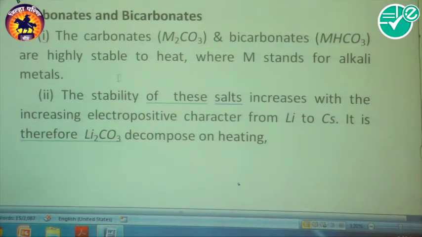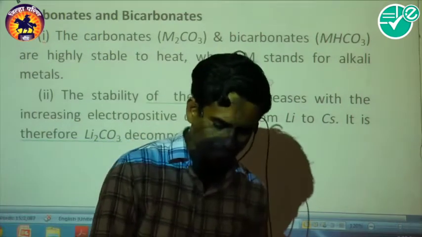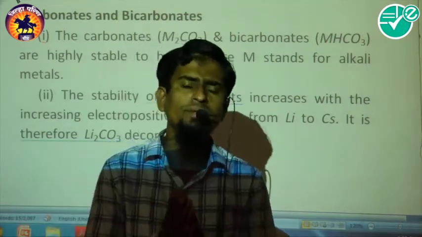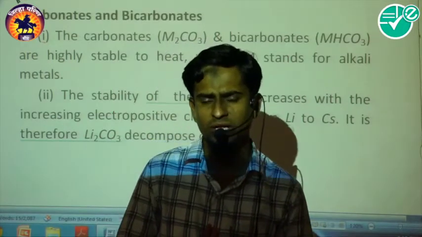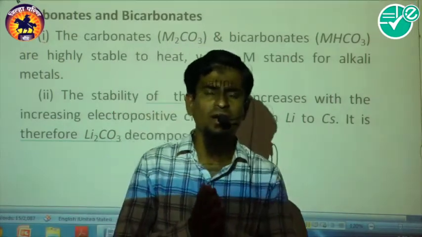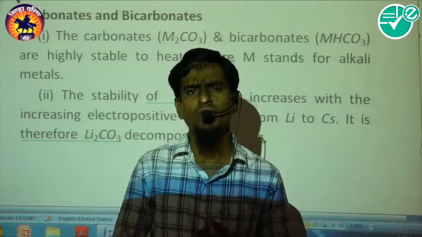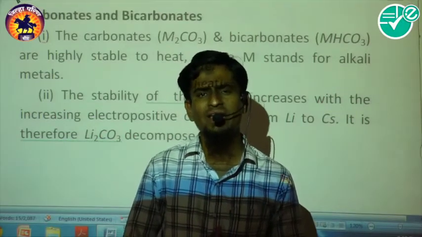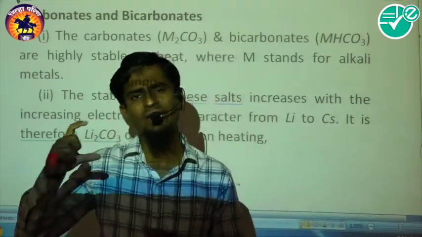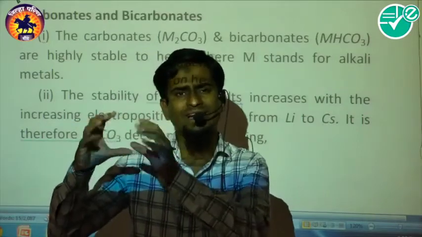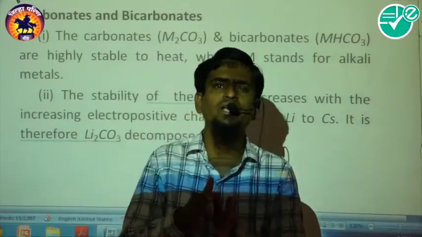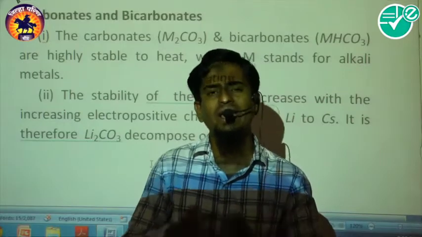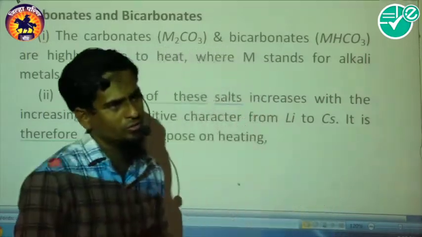Salts of oxo acids. Now, the first question is, what do you mean by oxo acids? You will study in chemical equilibrium that if a hydrogen atom is attached to oxygen, that is a hydroxyl group, and that group is attached to an oxo group, that compound is called an oxo acid.